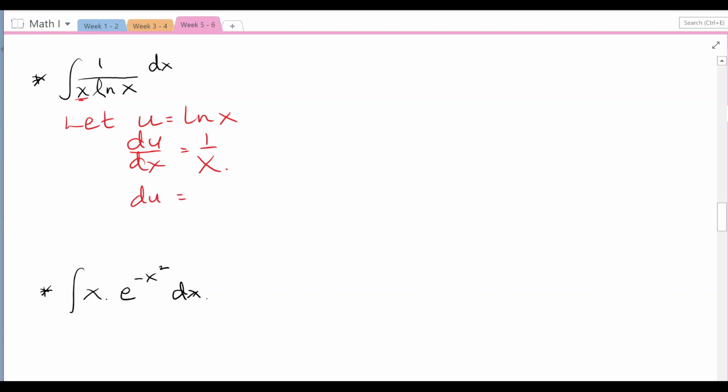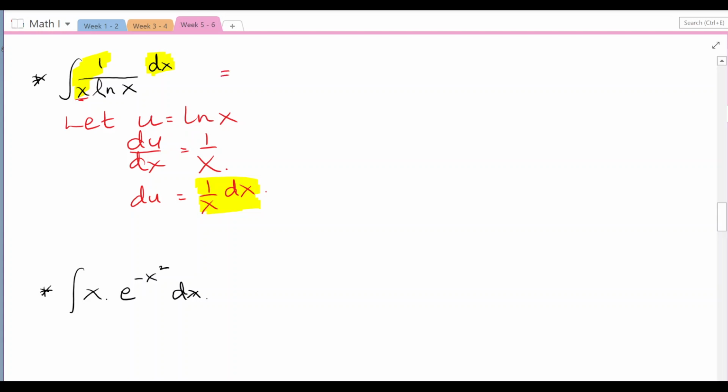So du equals 1 over x times dx, which we already have in the equation. It's highlighted here, 1 over x dx. That is our du, and ln x itself equals u.